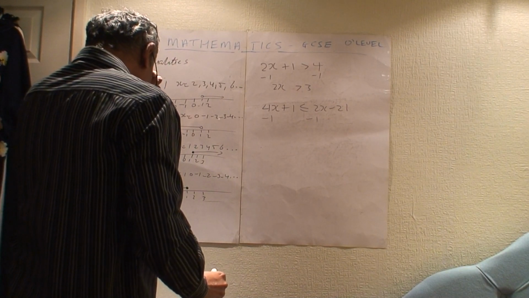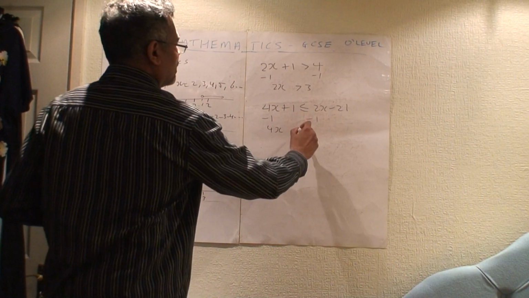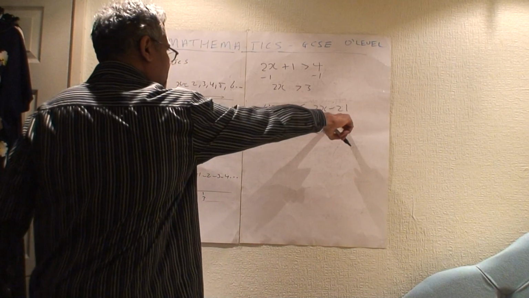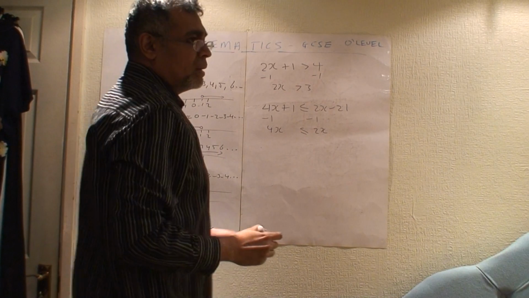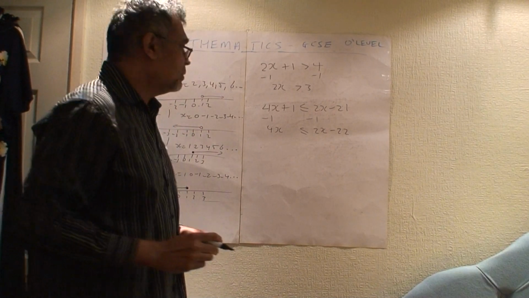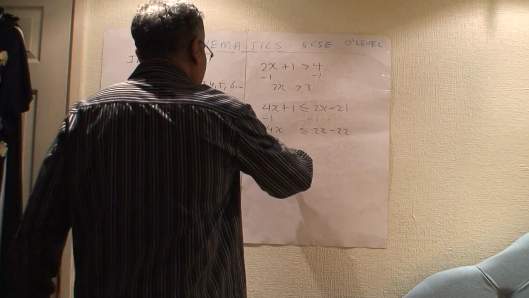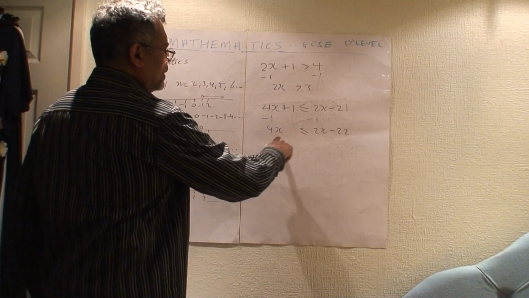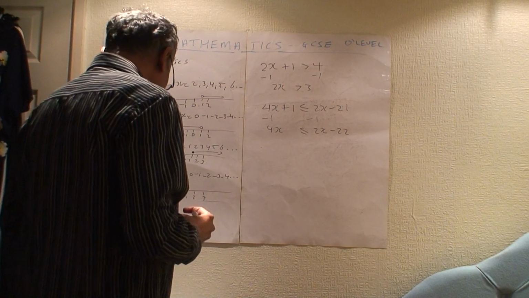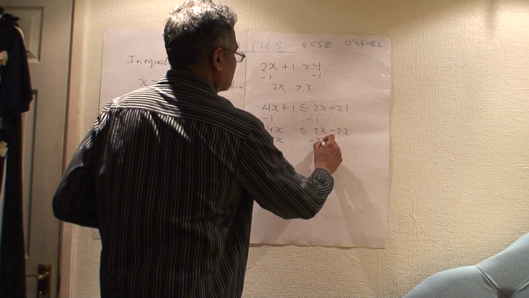So if we do that, we are left with 4x less than or equal to 2x, and minus 21 minus 1 gives us minus 22. We have 4x here and 2x here, but we want to get rid of this 2x, so we minus 2x on both sides.